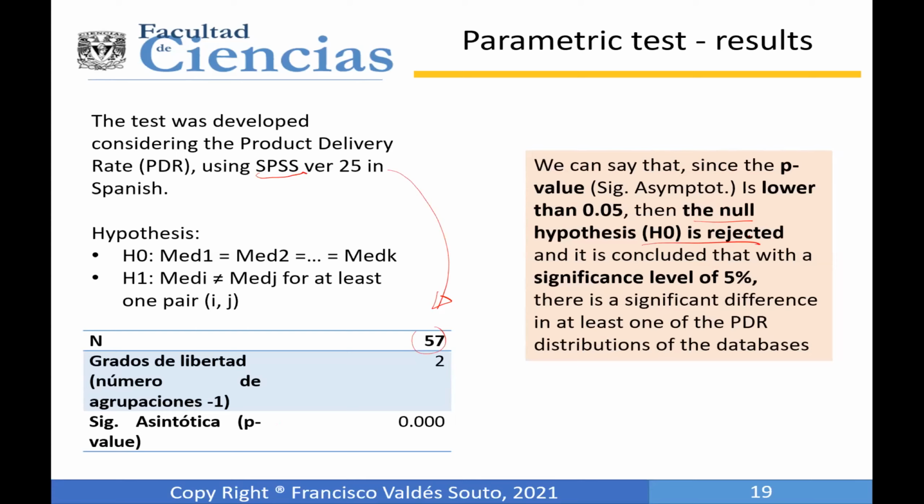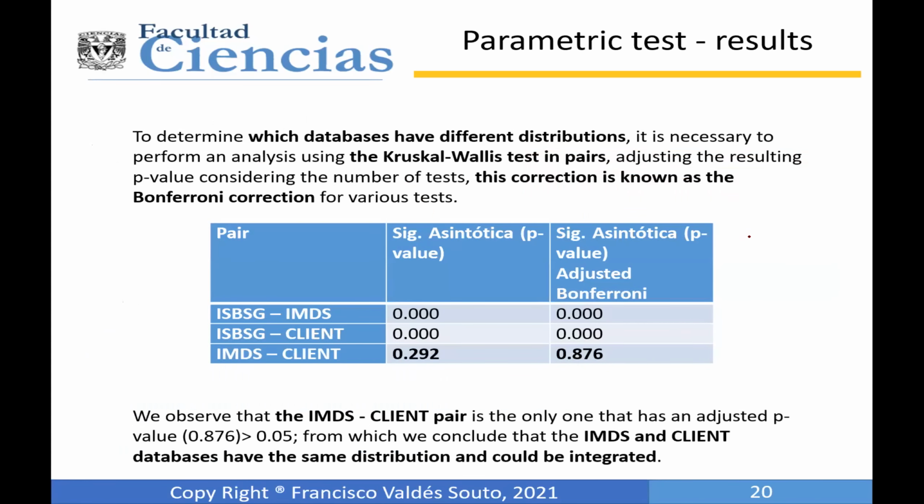So we can identify that at least one of the databases does not have the same median, or is not equidistributed like the others. After that, if we find this, we need to make the same test, but considering each pair. For example, ISBSG with the national database, ISBSG with the client database, and also the client with the national database.